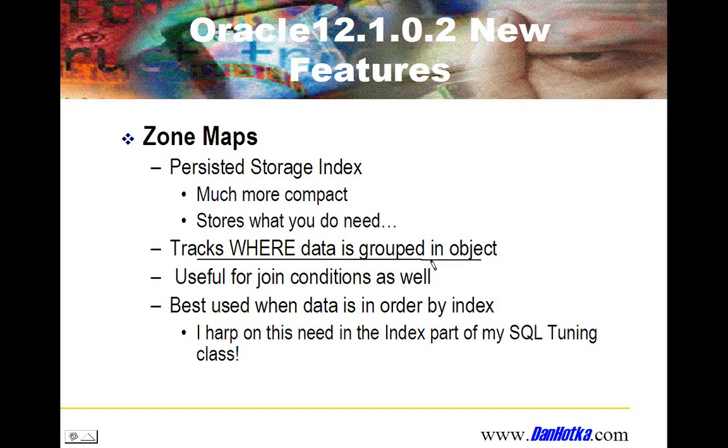You'll be rewarded with fine performance in your applications, and I have reports and different ways of monitoring that. What Oracle is doing now in the sub-releases is giving you a way of indexing where the data is grouped together. I expect to see this in more features like partitioning, where the data placement is really important. You can also use it for join conditions, as a new index type.